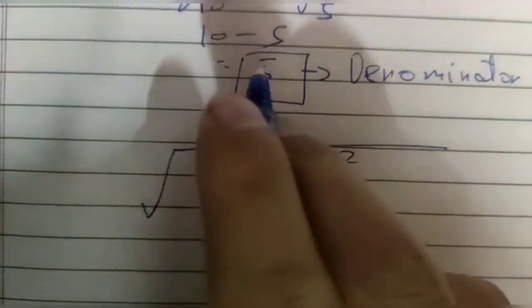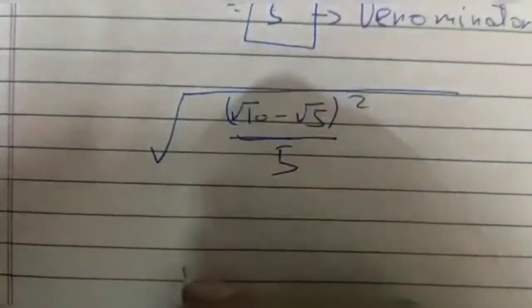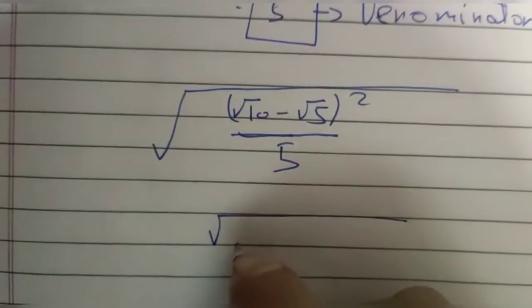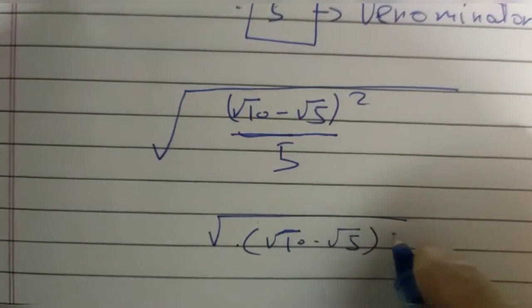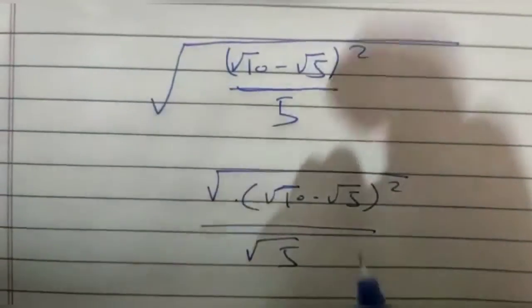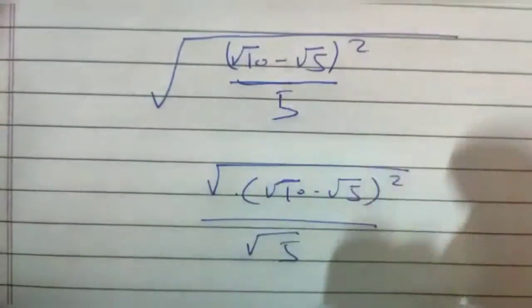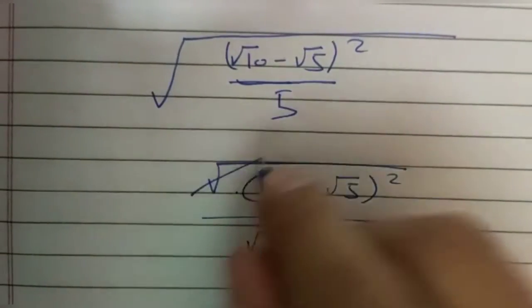Then the denominator is 5. Now for this I can also write it like this, root 10 minus root 5 square upon root 5. We can write it like this, and this power will be cut by this sign of square root.